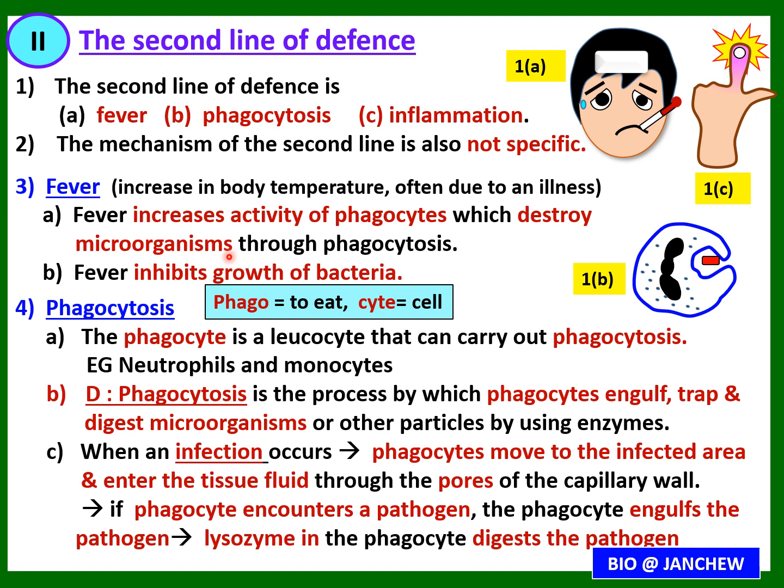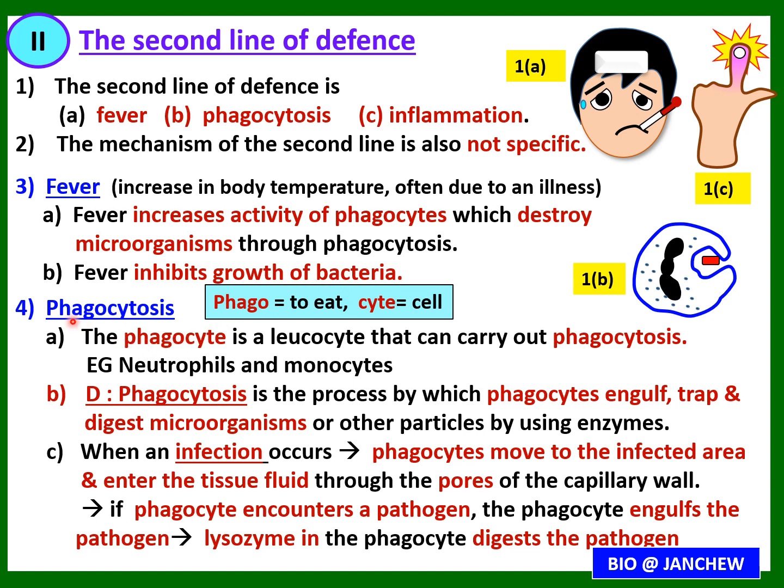All right. So when fever occurs, we know that probably there's some infection somewhere where pathogens may have entered the body and got past the first line of defense. Now, fever also inhibits the growth of bacteria, as the raised body temperature is not conducive for the growth of bacteria. So it will slow down. Inhibit means to slow down or to stop the growth of the bacteria.